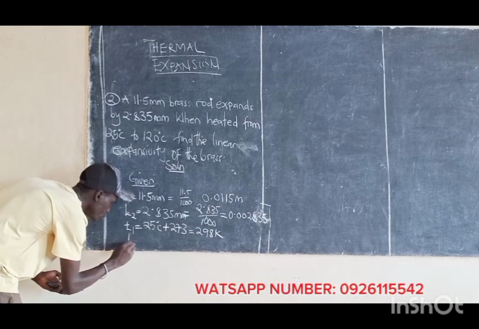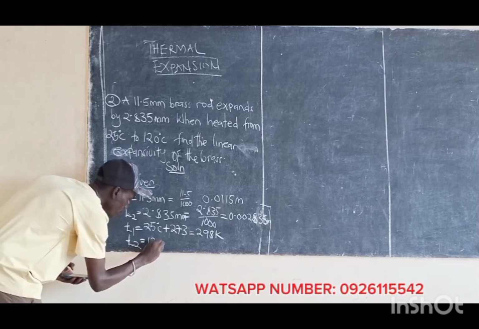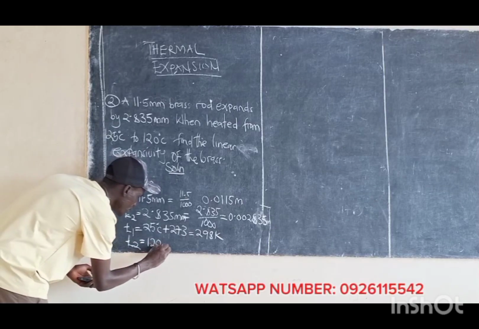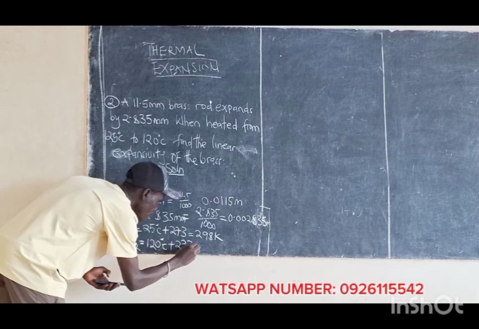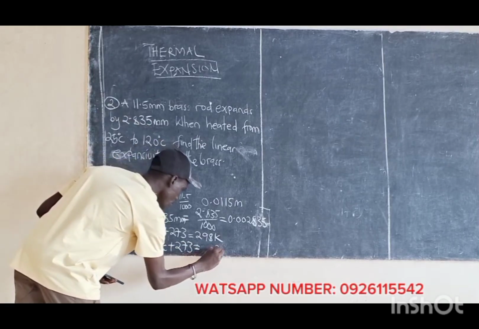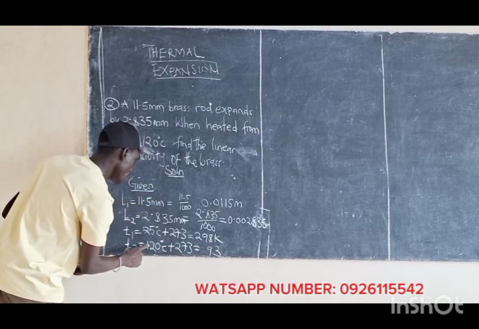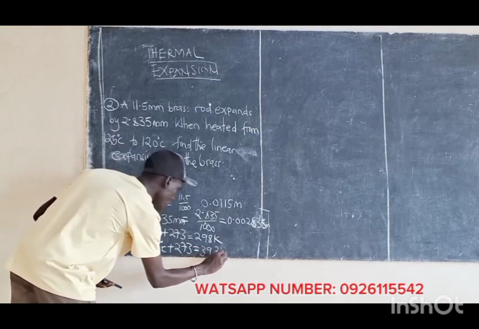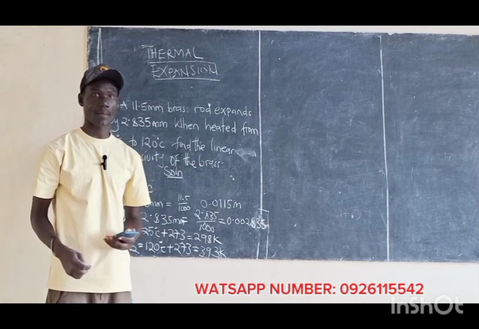So our T2 is 120 degrees Celsius. You add 273 and you get 393 Kelvin. Now these are the given parameters.